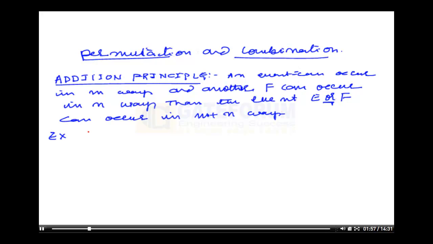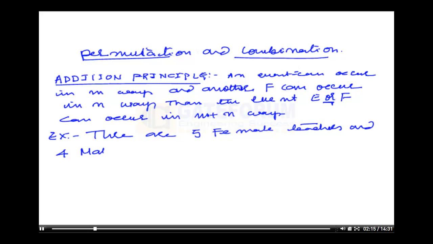Let us say there are 5 female teachers and 4 male teachers for the post of a teacher in a school.